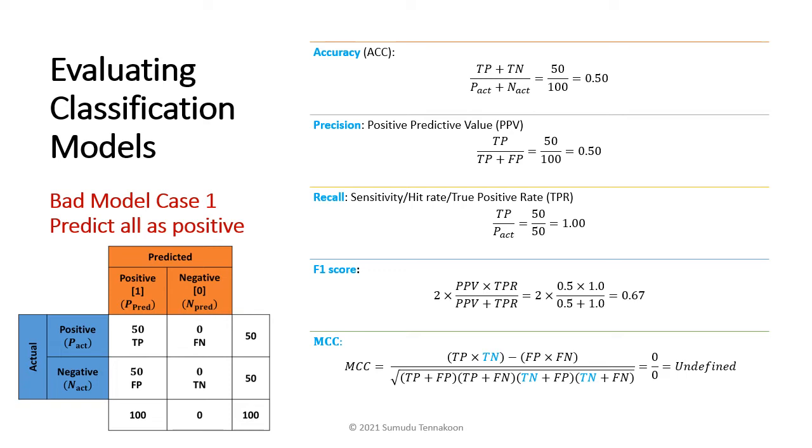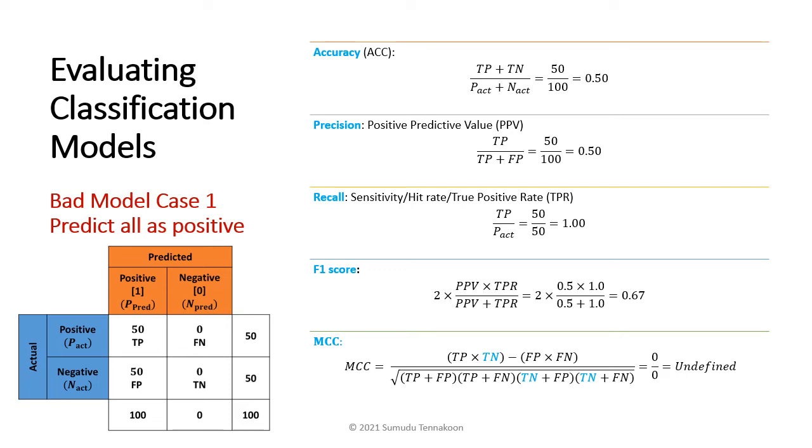And the F1 score is 0.67, which is a high number, because the model predicts all positive cases as positive, and the true positives give you a recall of 1.